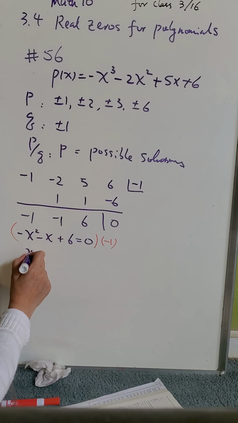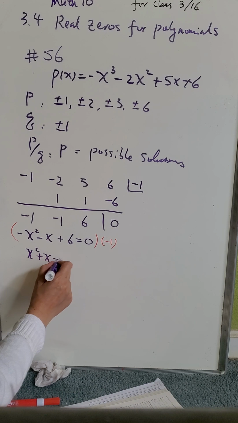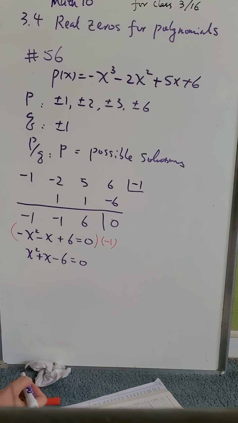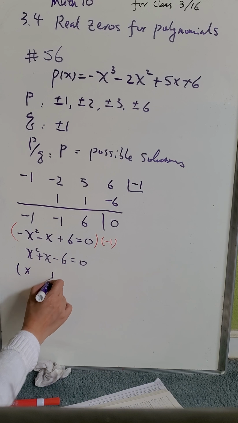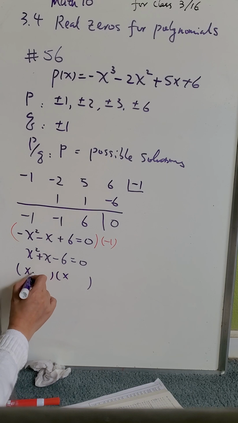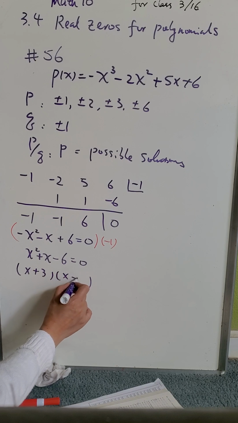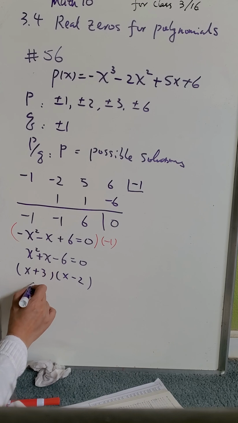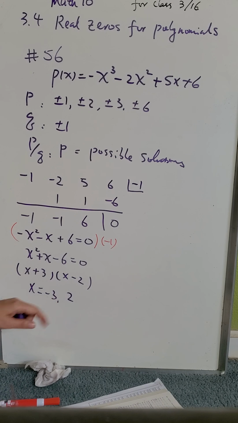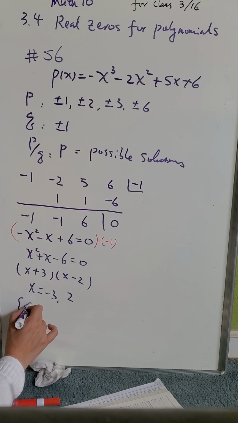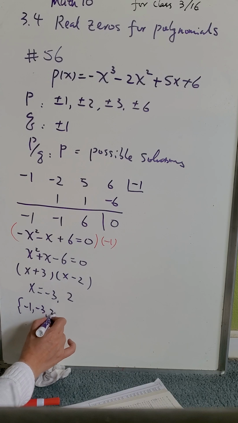So I have x squared plus x minus 6 equals 0. Now I can factor this, so that becomes (x plus 3)(x minus 2), and x equals negative 3 and 2. So your solutions are negative 1, negative 3, and 2.